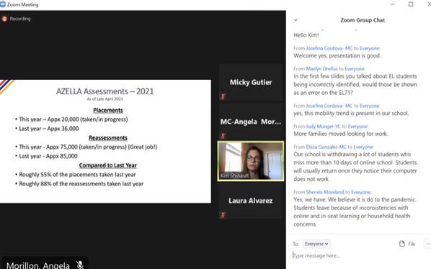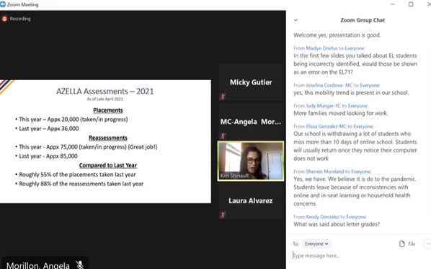So looking at the AZELA assessments for the current year, if we're looking first at placement tests, taking into consideration the number of tests that have been completed as well as the number of placement tests that might be in progress, there are more than 20,000 placement tests this year. If we compare that to last year, there were about 36,000.